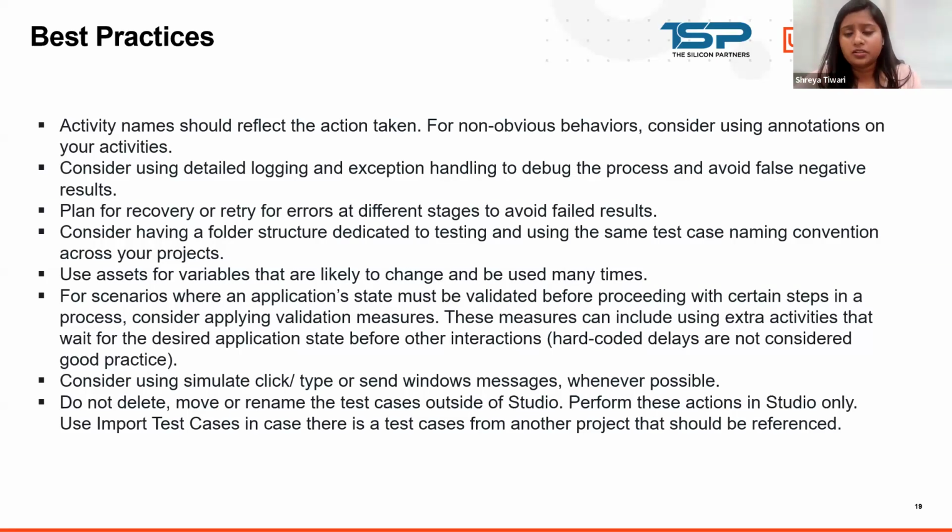Activity names are suggested to define the action of that particular activity. In case you're not able to name it that way, we have annotations to explain the process further. This is something we have already implemented in our code, and I'll also show that to you.